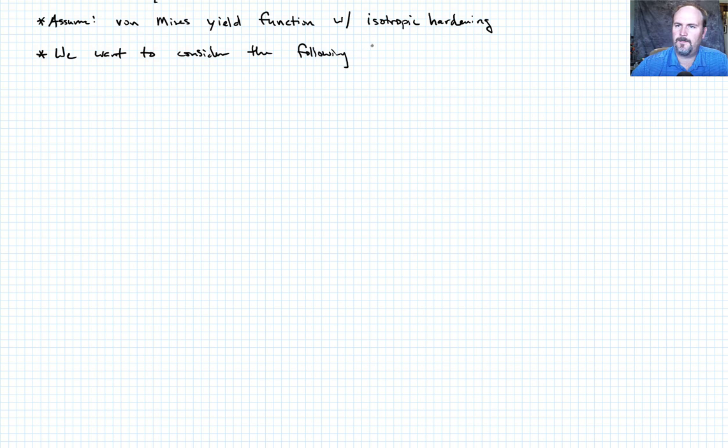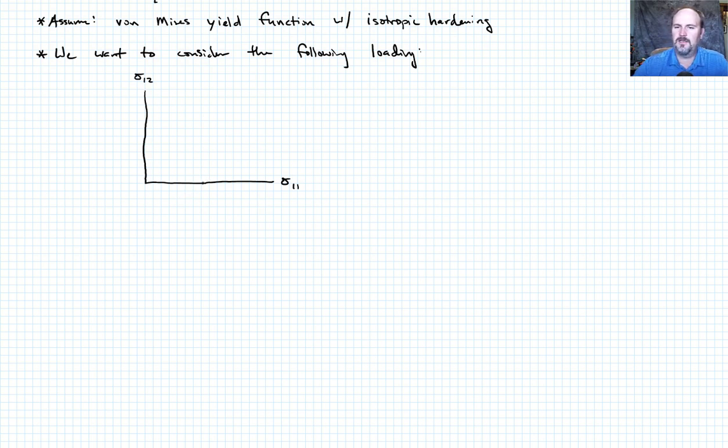Okay, now let's draw a picture here. Wish I could draw straighter lines for you, but apparently I can't. Okay, so this will be the sigma 1,1 axis, and this will be the sigma 1,2 axis.